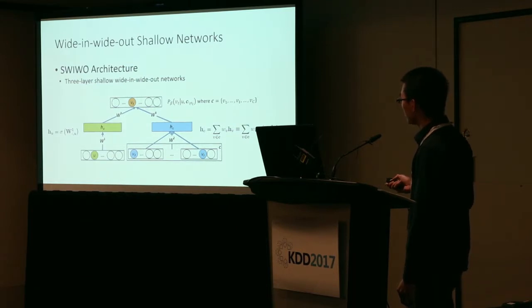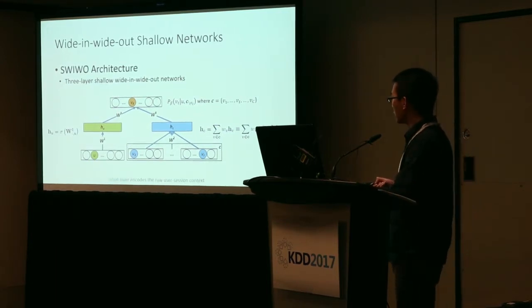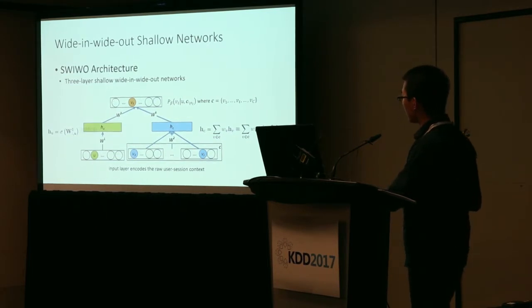In general, you can see here we want to have two kinds of embeddings: the user embeddings on the left-hand side, and the context embeddings on the right-hand side.